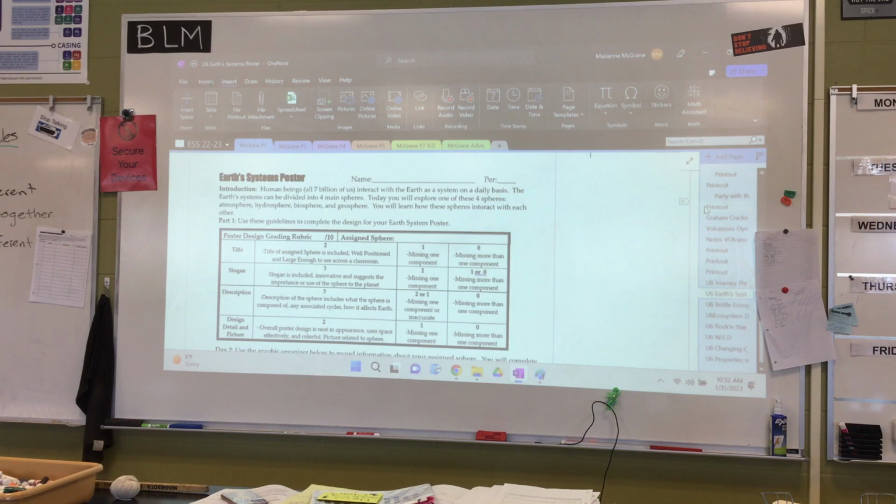So 3s are hydrosphere, and 8 is biosphere. 8 and 4 are both biosphere. 1 and 5 are both geosphere. 7 is hydrosphere, and so is the other group.